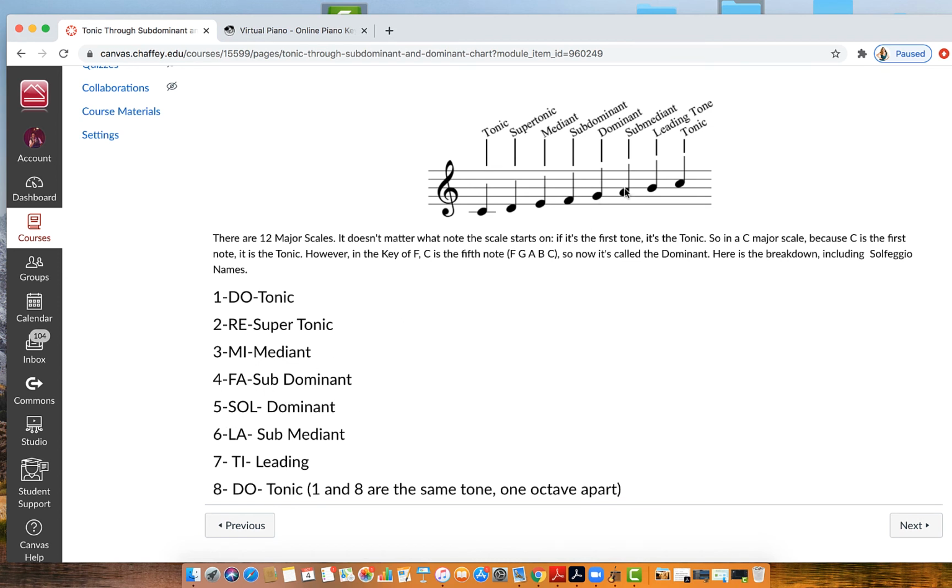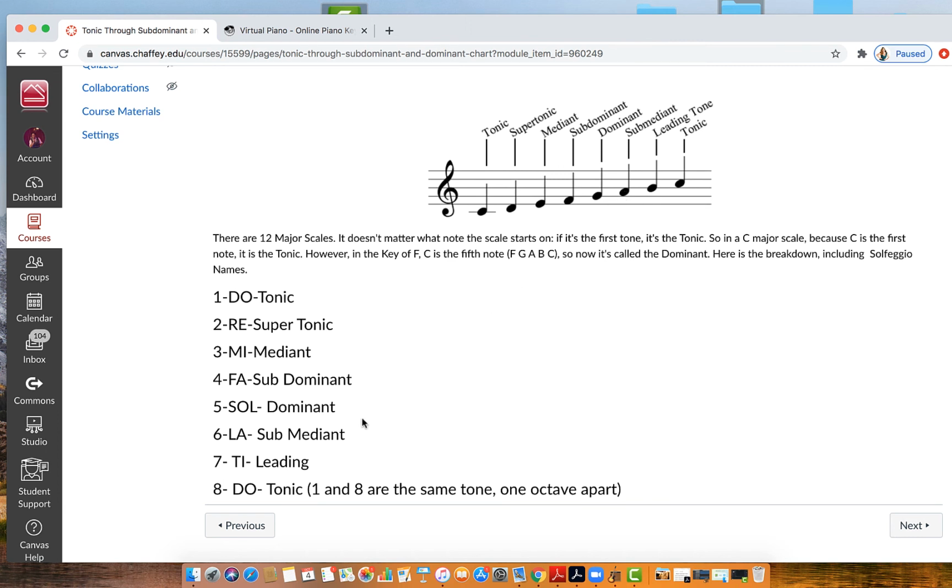Then this guy, we call this guy the submediant. Why does number 6 get called submediant? Mediant is 3 above the main tone. 1, 2, 3. Mediant. Submediant is 3 below the main tone. 1, 2, 3.